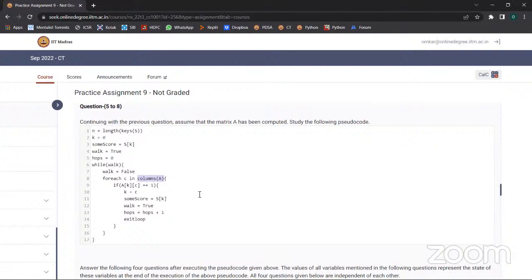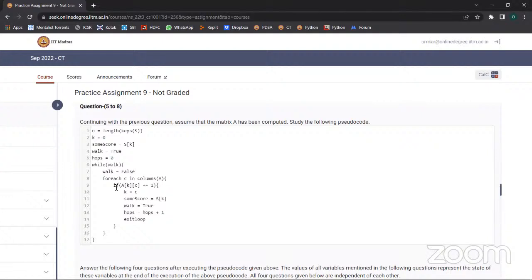So columns of A, yes, it will be the number of students, but actually what you are doing is iterating over each column of that matrix A. In that matrix, there are n columns, right? We know it's an n by n matrix. So we are iterating on each column at a time. C is nothing but the 0th column, first column, second column, third column, and so on. C will go from 0 to n minus 1.